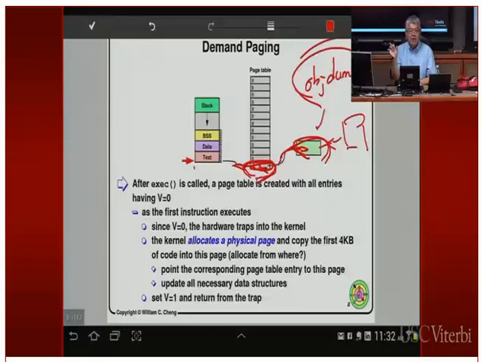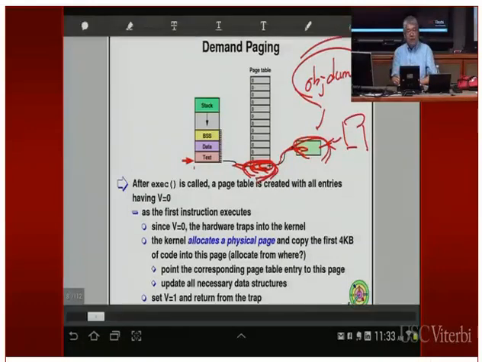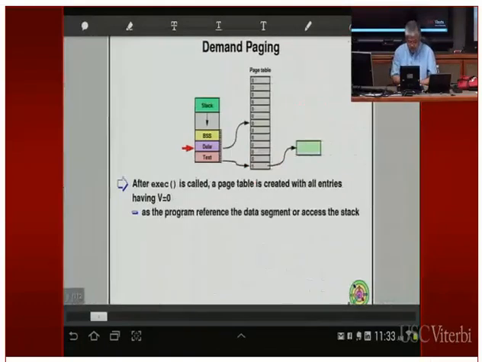The bit pattern better match, otherwise you're going to fetch some garbage and create another illegal instruction fault or something like that. Or if your page table is not pointing to the right place, or the bits are not set correctly, you're going to get another page fault, and you go back into the kernel. So that's a preview of what you have to do.